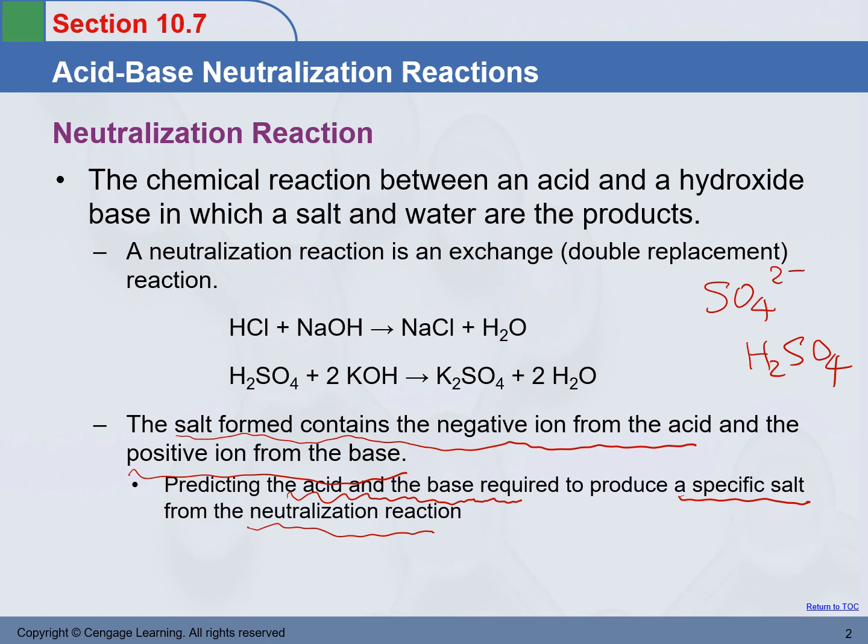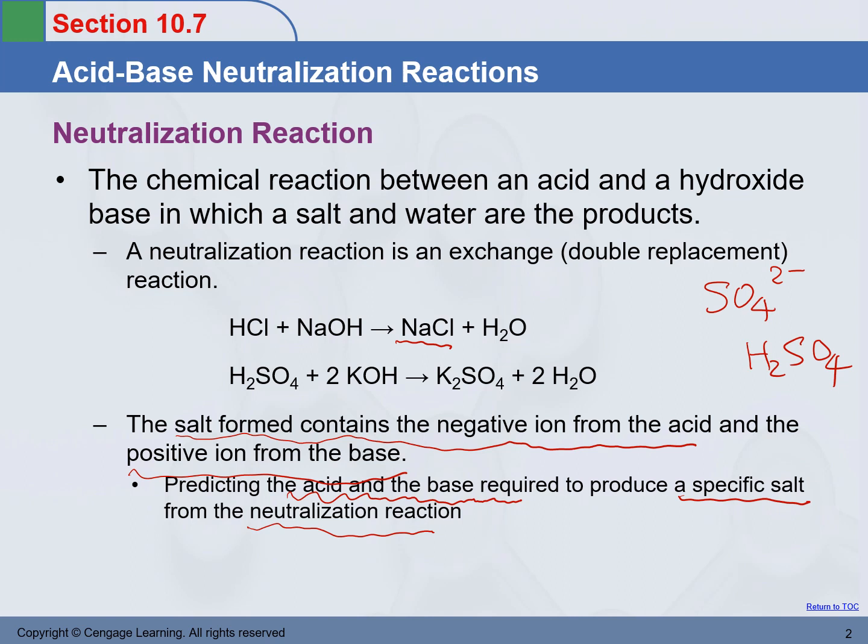Well, the difference between a true human child and a salt child in the neutralization reaction is that from the salt child, you can definitely figure out how its parents look like. There's no mistake.